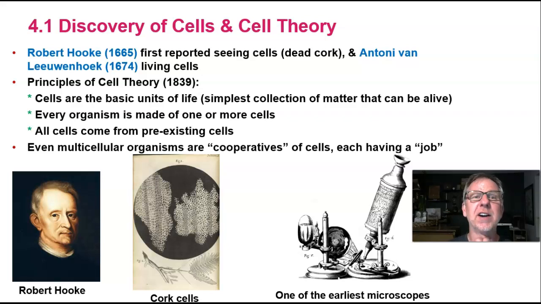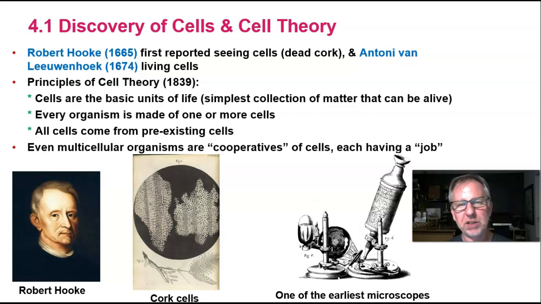Almost two hundred years later, in 1839, what's called cell theory came together. Biologists had been looking at cells for a long, long time, not really appreciating how important they were. A couple of biologists wrote some books and published some papers about what is called cell theory. Cell theory is a list of general principles that describe something important about life.